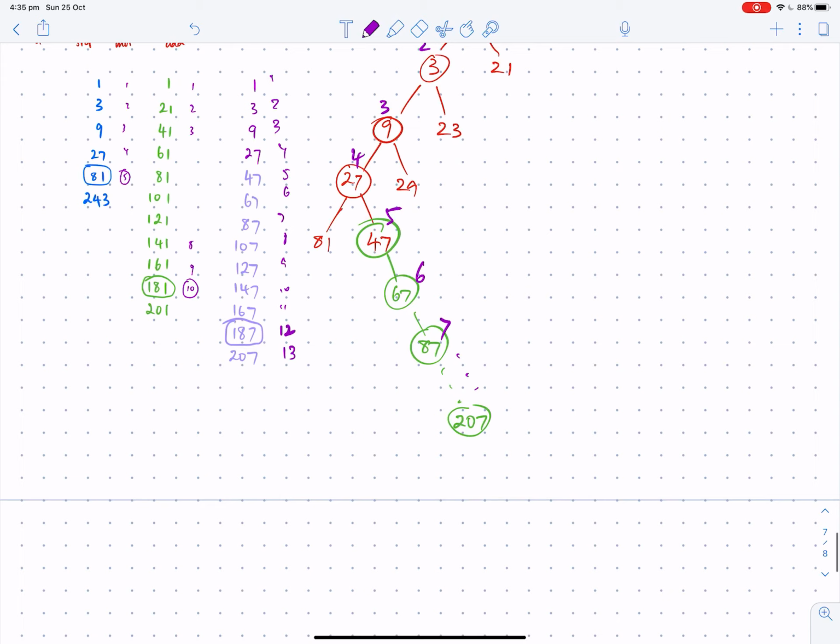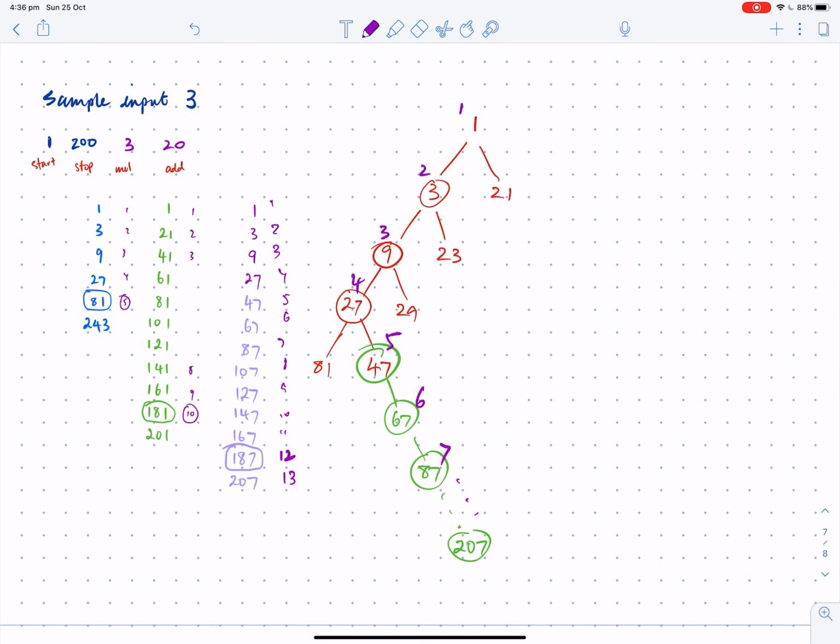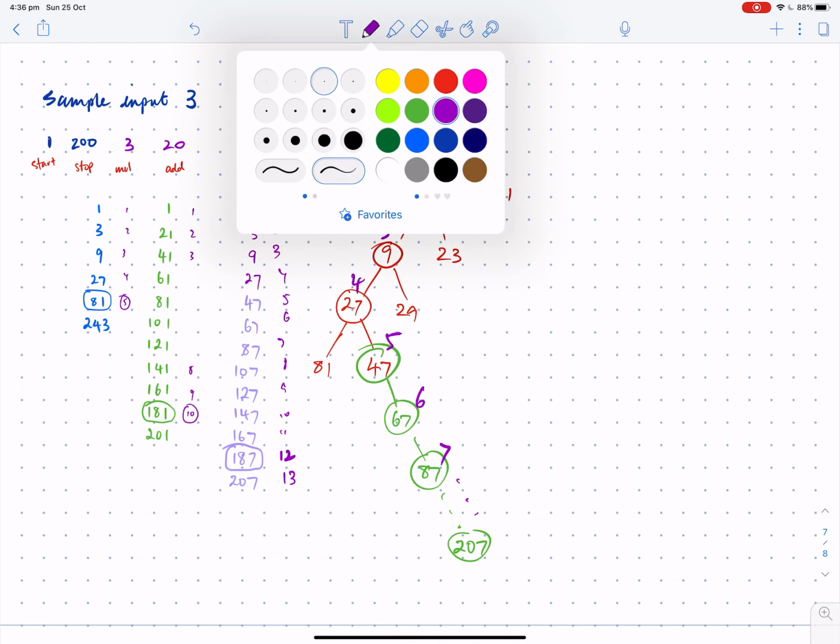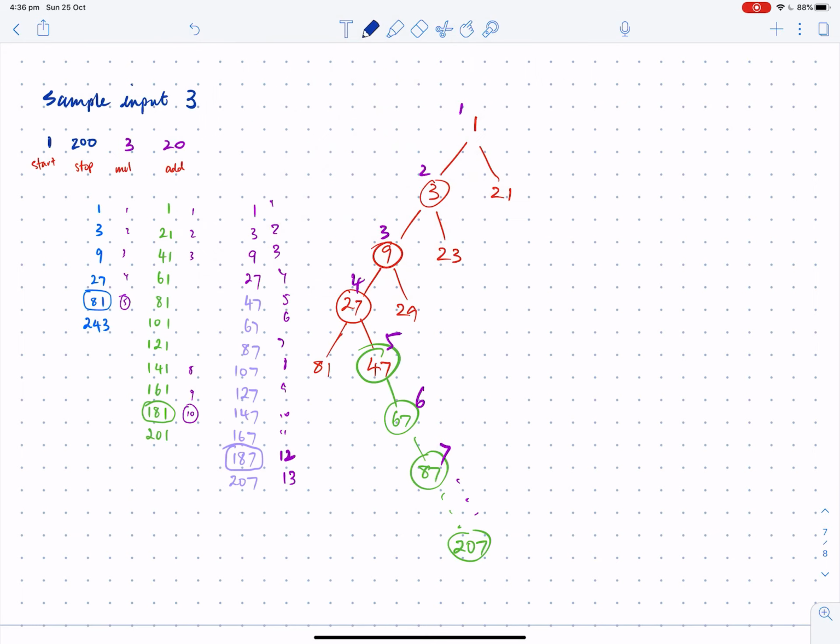Now, I want you to think of a bit of a what if. What if I gave you the following input? 1 and 1, an enormous number, and then you can multiply by 5 or you can add 10.